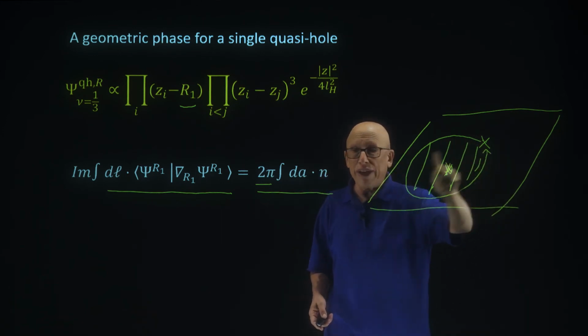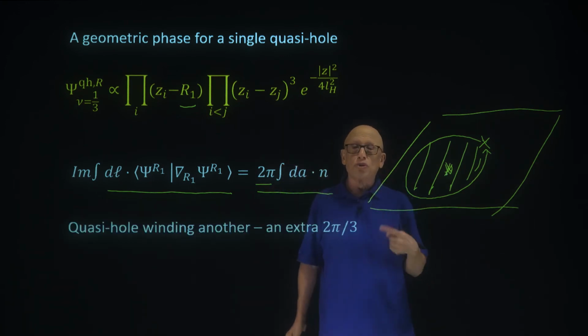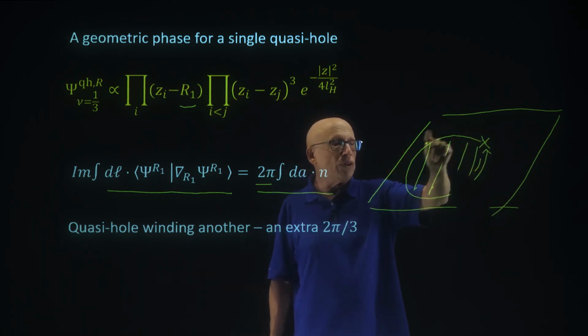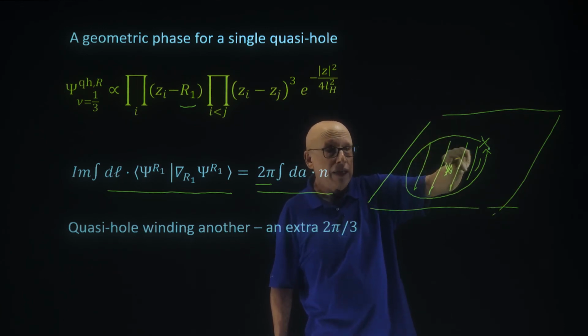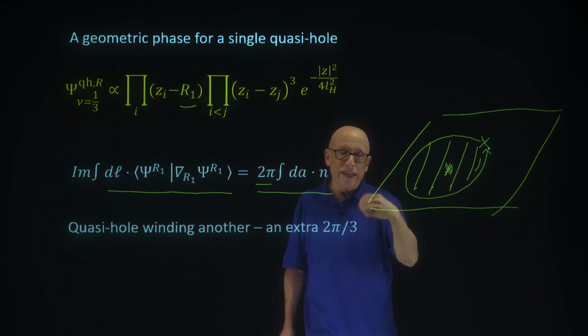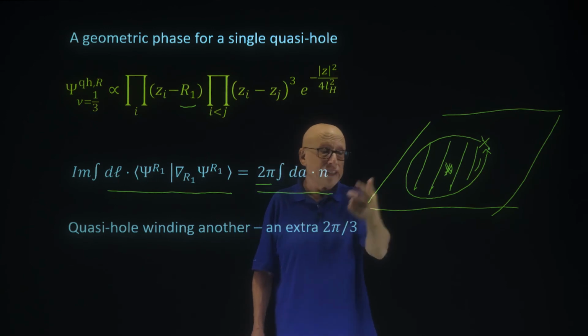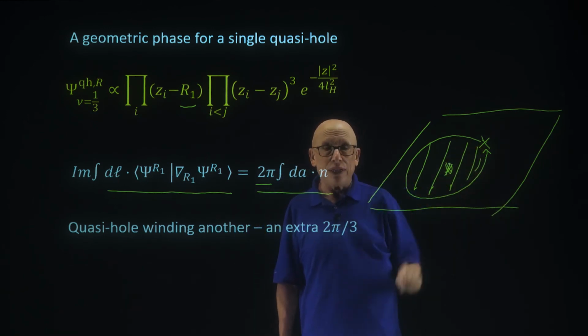Which means that the value of this integral will change by an extra phase of 2 pi over 3. Which means as one quasi-hole goes around another, it knows about the presence of the second one by the geometric phase it accumulates, having a factor of 2 pi over 3 relative to what would have happened if this quasi-hole was not there.